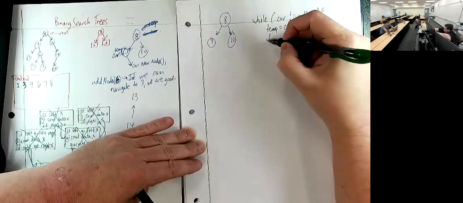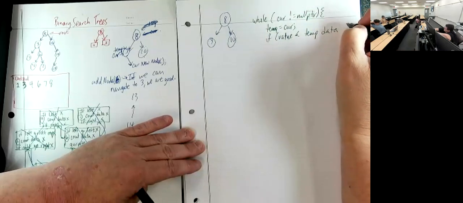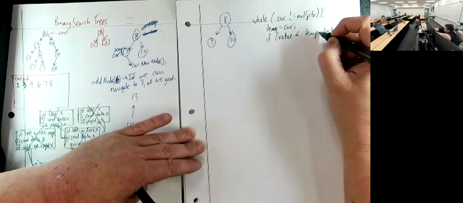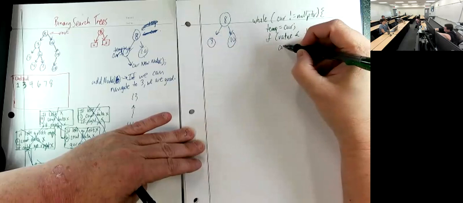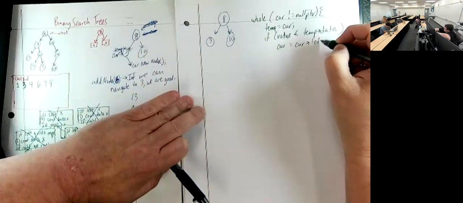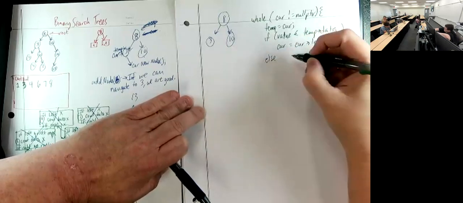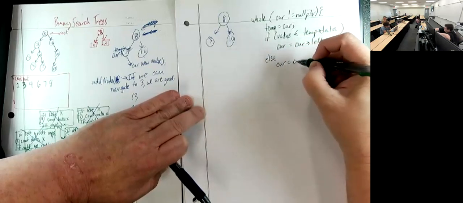And then if value is less than temp data, then the value is less than the current value, so we want current to go left. And then we say else, current equals current right.